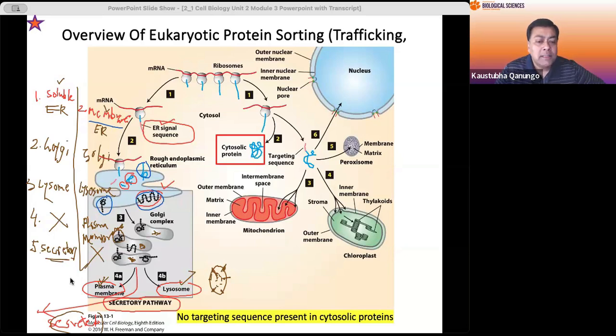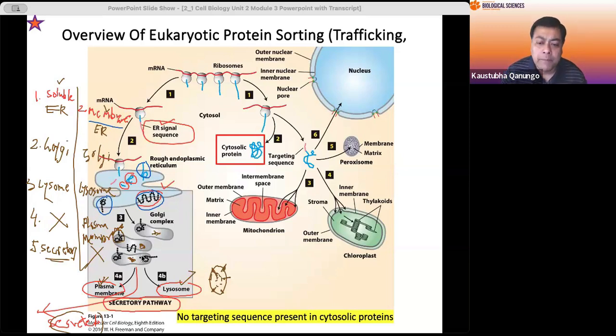That's it. So you can see that there are multiple destinations, 5 destinations overall, and 3 of them have membrane and soluble both, and the plasma membrane is secretory. So this is a huge pathway, and we call this pathway a secretory pathway because all the proteins that are synthesized and secreted outside, going to the plasma membrane, travel through this pathway, all the way entirety for, say, secretory protein or plasma proteins, or partially for the lysosome, Golgi, and the ER.